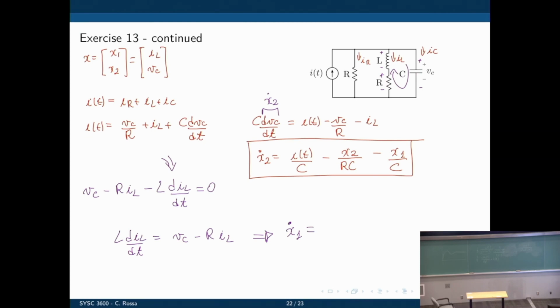VC is x2, and IL is x1. And that's the equation for x1 dot. Okay, so with these two equations, we can now put this in the standard matrix form. From now on, that's easy. We don't have time to do that, so we're going to stop here.